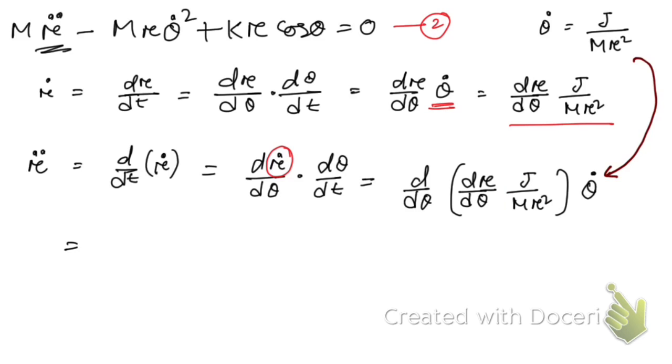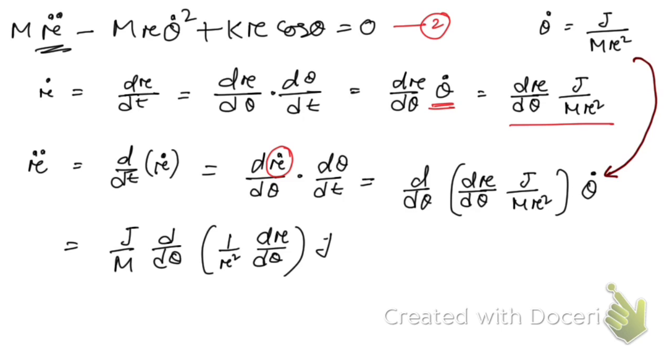So we can write j by m d by d theta of 1 by r square dr by d theta, and again theta dot is replaced by j by m r square.